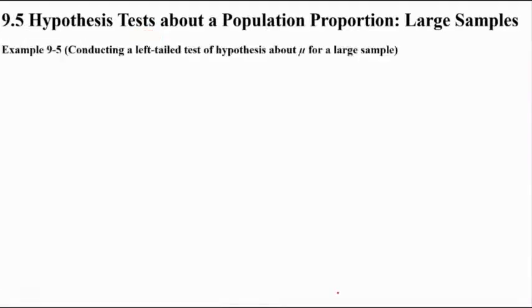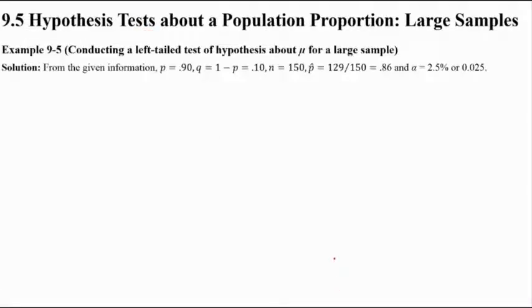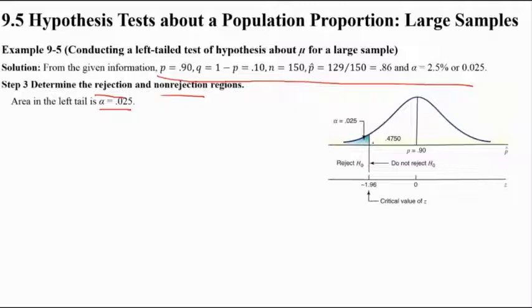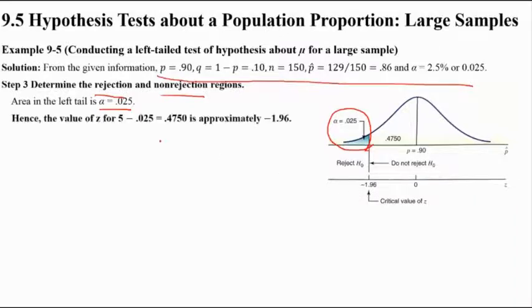Then we find the rejection region, with the same method. The significant level is 2.5%. From the textbook, the Z value we find is 1.96. On the left side it has a negative sign; on the right side, positive.